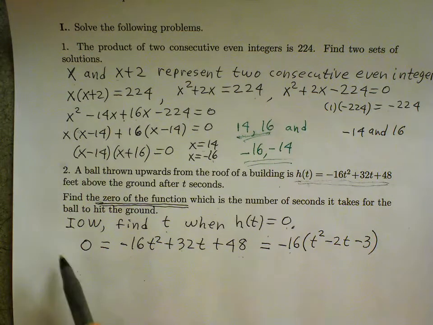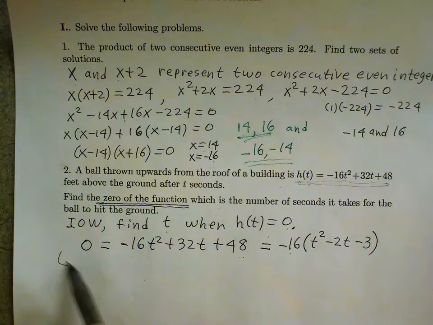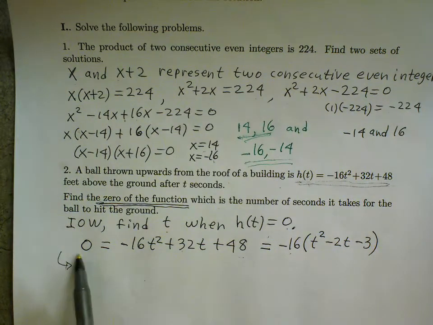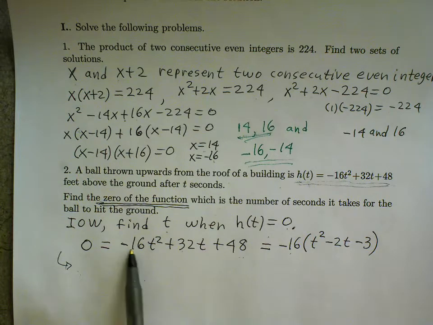Another thing you can do, which I explained a couple of times already: if we have an equation, we are permitted to divide every term on both sides by the same non-zero number.